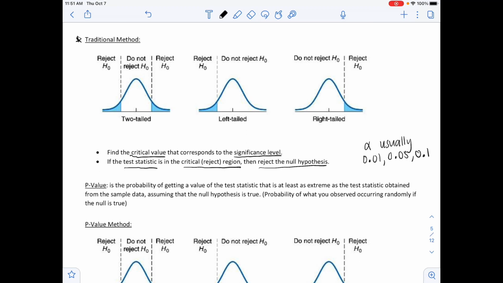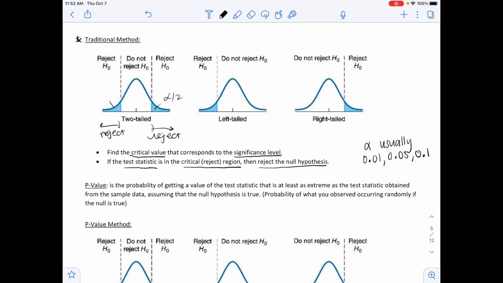And so there are 3 pictures there. We have a 2-tailed, left-tailed, and right-tailed setup. You'll notice that these 2 tails over here, the shaded area for our first image, are going to be our rejection region. Since this is a 2-tailed test and our significance level is alpha, that alpha gets split into 2 parts.